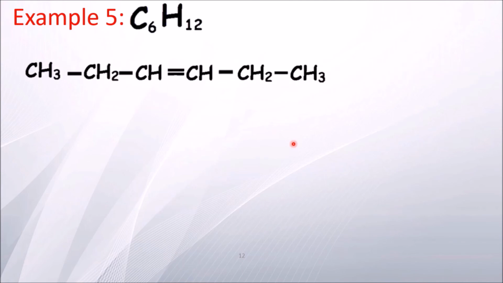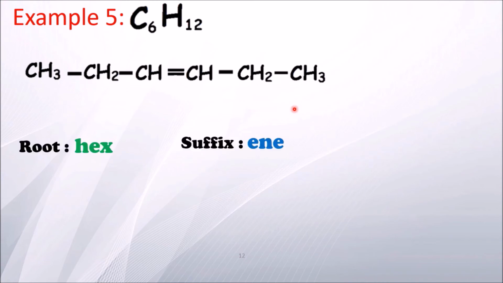Now our fifth example. In this example, we are skipping the open structural formula and going into the condensed structural formula. Okay, so C6H12. How many carbon atoms? 1, 2, 3, 4, 5, 6. So hex, the root word is hex. The suffix is ene. And for the bond position, let's count from the left to the right first. 1, 2, 3.